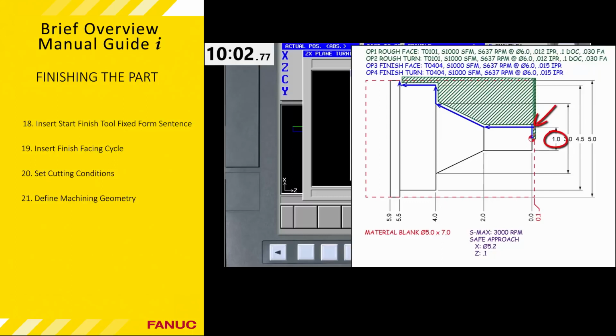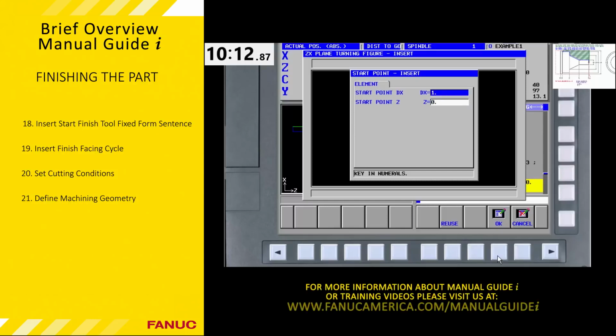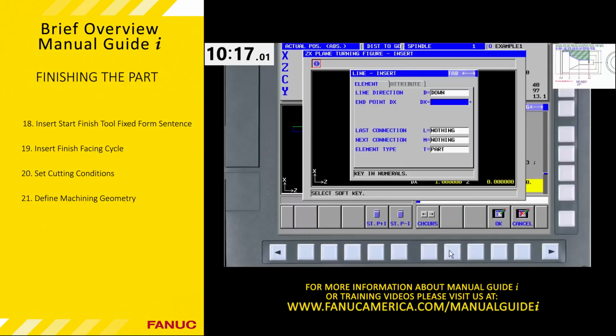We start the geometry at the diameter of the roughed out profile. That is a diameter of 1 inch, and Z is again 0. Again, we'll machine across the center line to minus 60 thousandths.